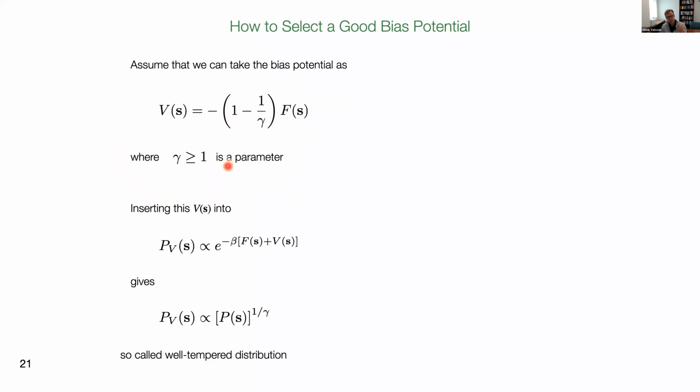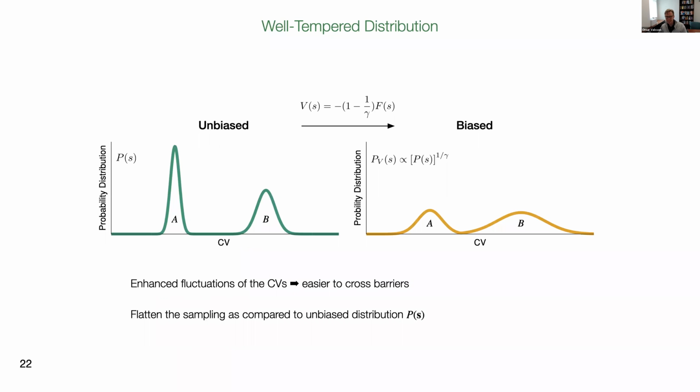And if we insert this into the biased CV distribution, we get this equation here, which is the so-called well-tempered distribution. You can see that what we're doing here is taking the initial unbiased distribution of the CVs and making it flatter. So basically, this gamma factor determines how much we flatten the distribution.